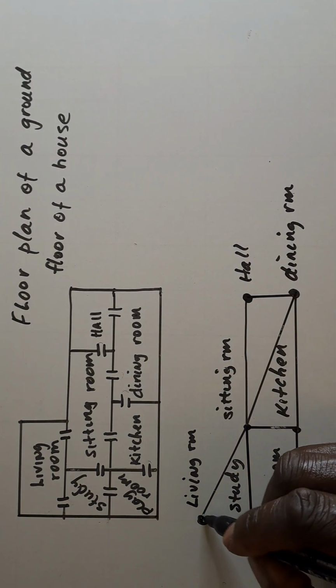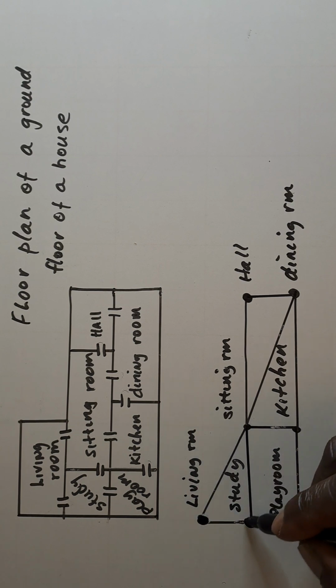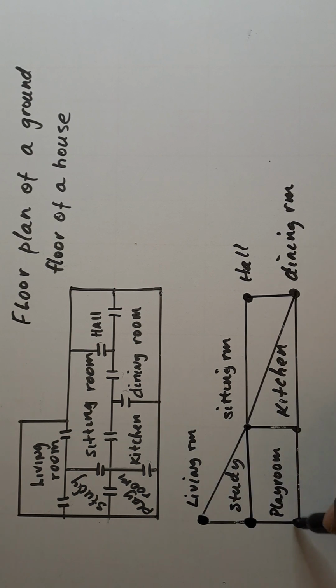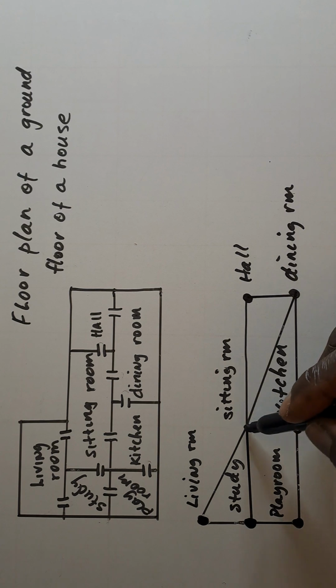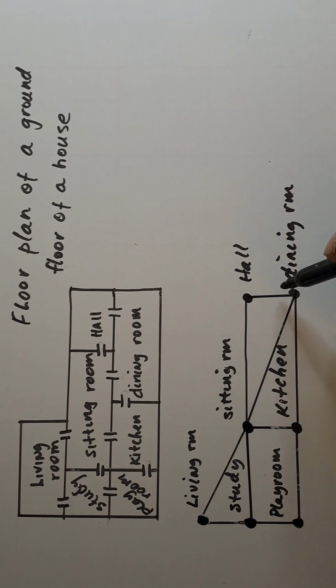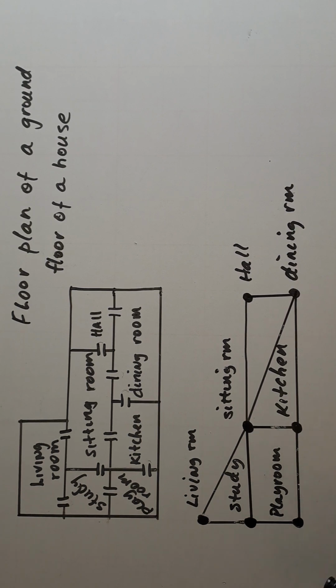Let's just tidy up these vertices, make them prominent. Let's see, from the sitting room, we can get to the dining room, the kitchen, the hall, and the study.